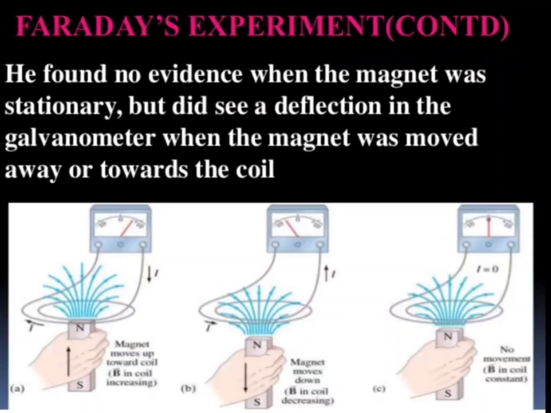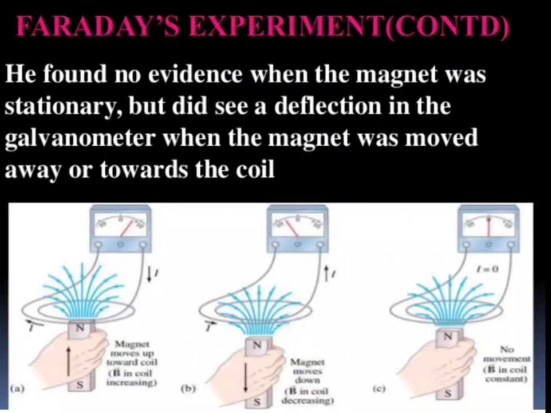In Faraday's experiment, there was no evidence when the magnet was stationary. That means a static magnetic field cannot induce an electric current, but a time varying magnetic field creates an electric current. When you observe these figures, in the first figure there is a magnet and a coil connected to a galvanometer.